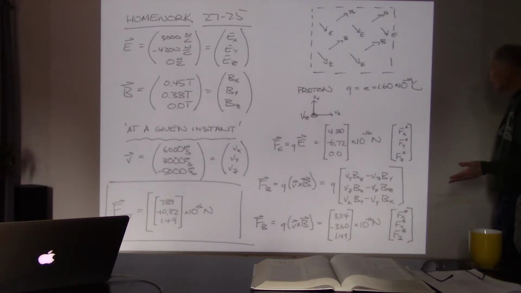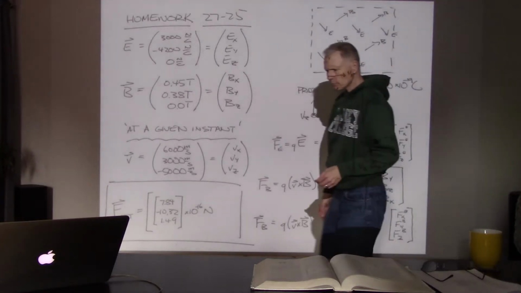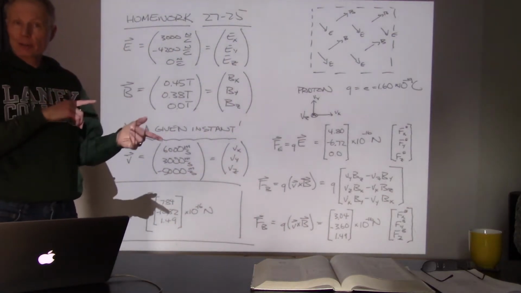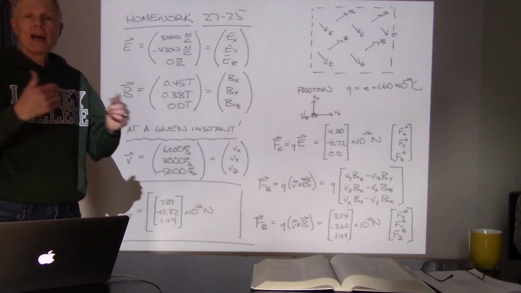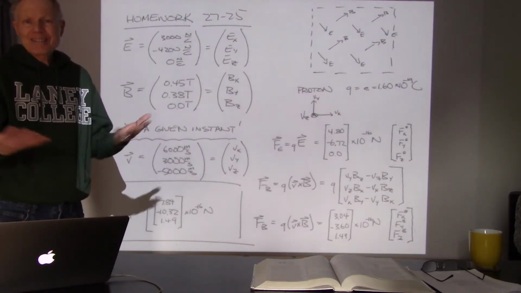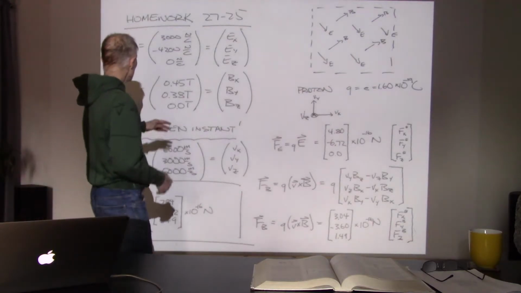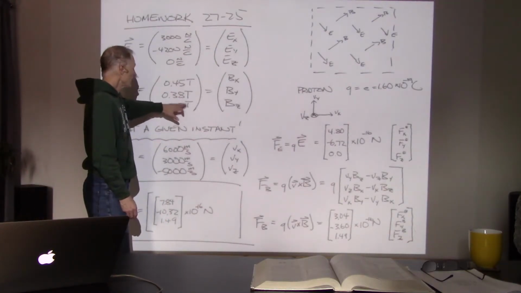Now in general, if you're just randomly throwing numbers in, the force due to the electric force and the force due to the magnetic force aren't necessarily going to be the same order of magnitude. It depends on what the magnitudes of these are and the velocity.